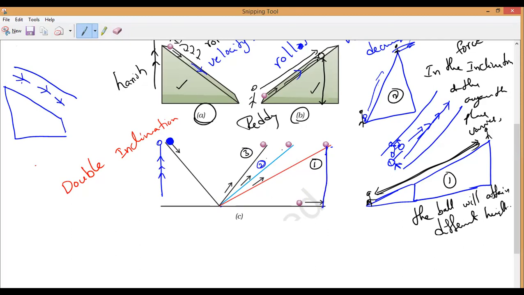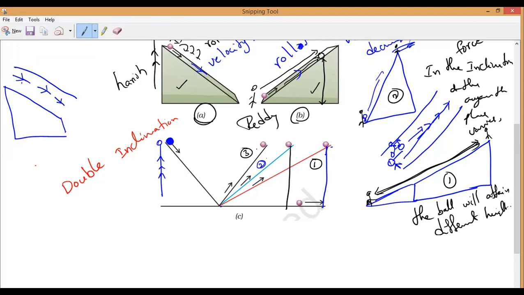Now, in the second case, I increase the inclination and it attains this height. Does it travel less distance or more distance? Less distance than the first one. But now measure the height from the ground. What is the height? Same or not? Check it, this side height and this side. Now, in the third case, I took this inclination.